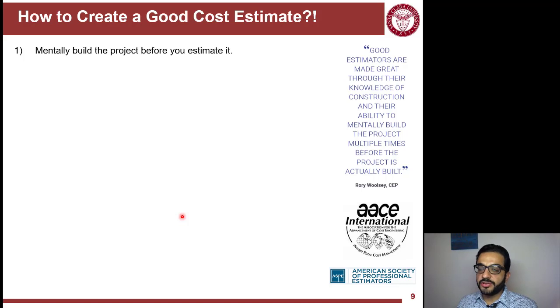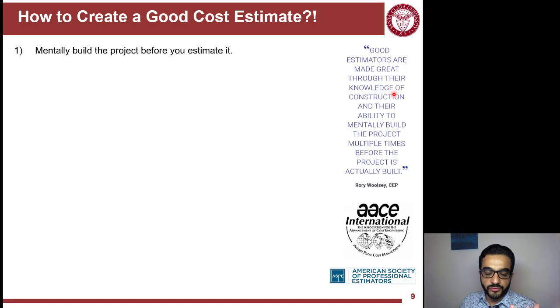So the last thing here is how to create a good estimate. Some tips here. One of the tips is that as an estimator, you're depending on knowledge of construction. Again, if you are estimating a piece of a project or part of it, you need to imagine how it's being put together.